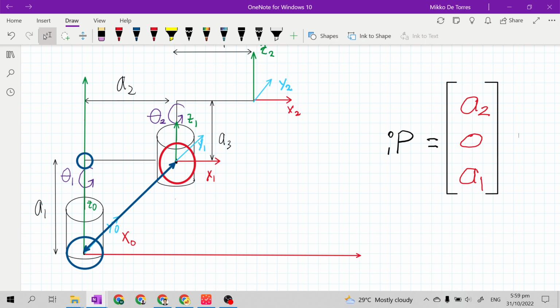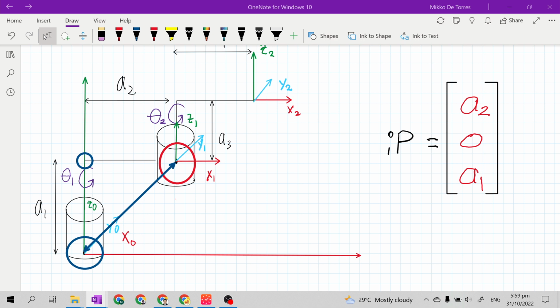But this is wrong. The reason why this is wrong is because our mechanical manipulator will move. If it's moving, theta 1 at the first joint will have a value. It can be 45 degrees, 35 degrees, 60 degrees.